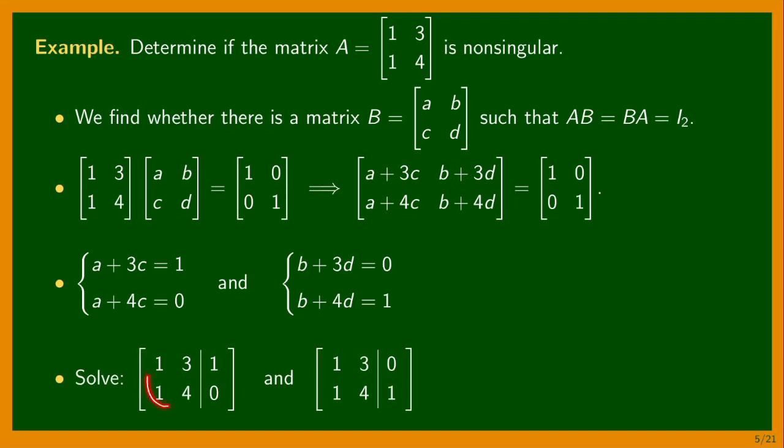Notice that the coefficient matrix over here and the coefficient matrix over here are just the same. So to solve these linear systems, we should run the Gauss-Jordan algorithm. But because the coefficient matrices are the same, we could run the two Gauss-Jordan algorithms as one.